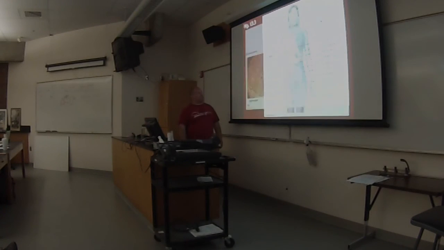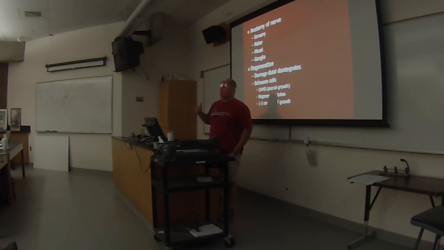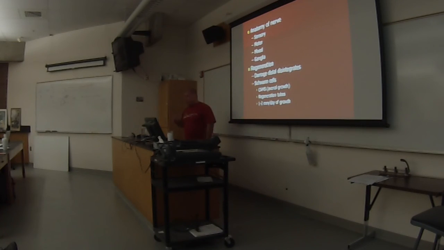Now, one of the things that we notice about nerves is that, again, they can have a motor component, only motor. They can have a sensory component, only sensory, or they can do both. That's why you learned that little mnemonic yesterday with your cranial nerves.